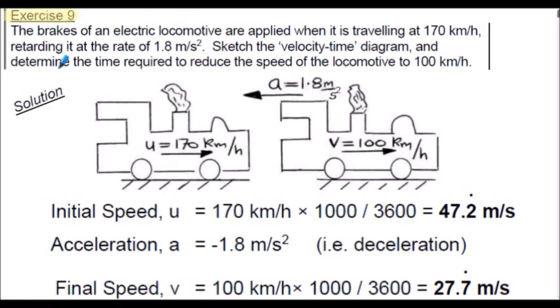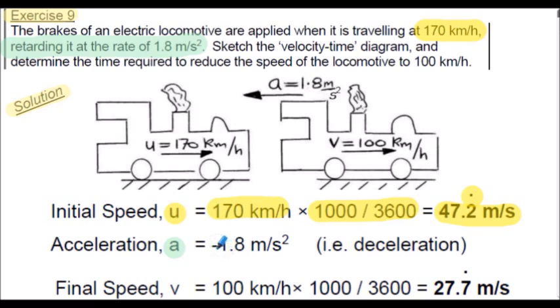Exercise 9, here's the beginning of the solution. So from the question, the initial speed u is stated as 170 kilometers per hour. That's been converted here into meters per second. It's 47.2 recurring meters per second. The retarding rate is given as 1.8 meters per second squared, so that's the acceleration, but it's a negative acceleration because it's retarding or decelerating.